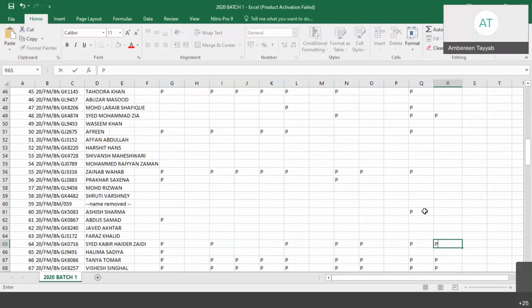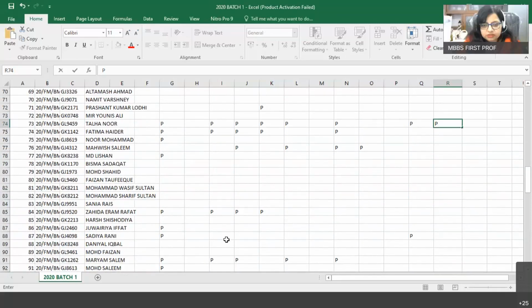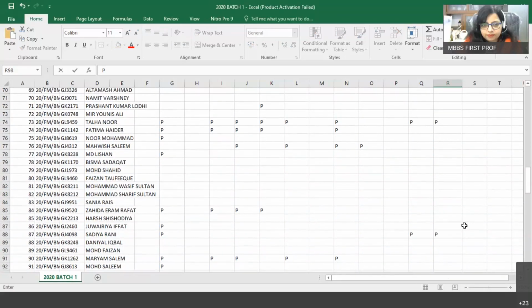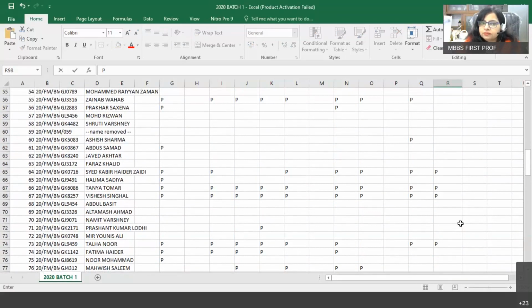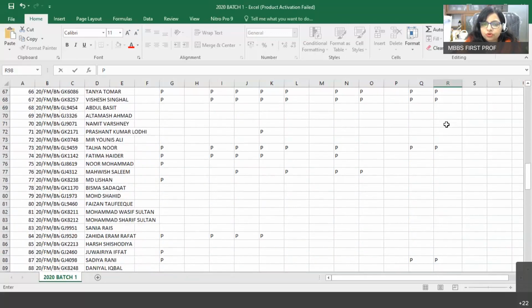Ma'am, 73, Talha Noor. 87 is Sadia Rani. 94, Tasneem Fatima. Shavez Hussain is also there, right? 97. Who else? Is Zainab Wahab there or not? Is anyone else left in 51 to 100?